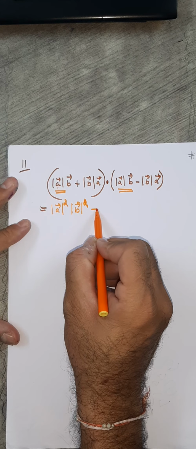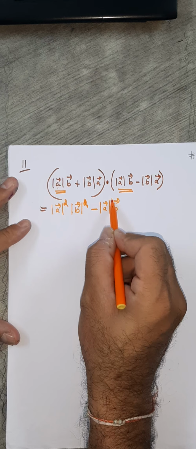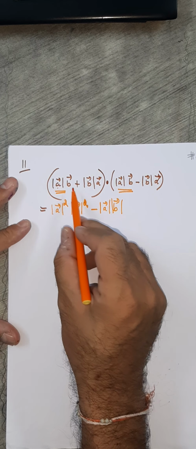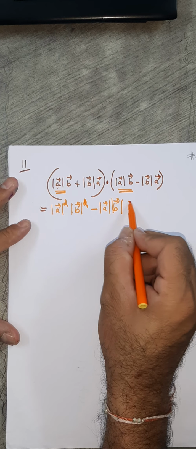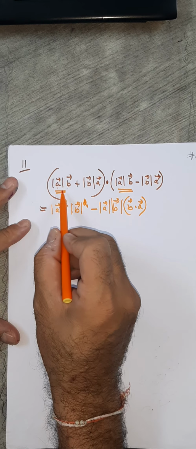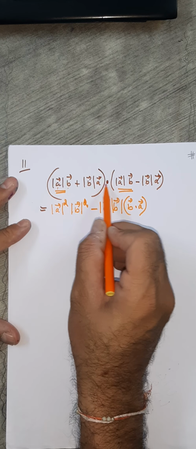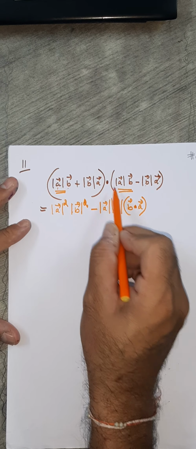This with this, so here minus vector A with magnitude, vector B with magnitude, and here you have vector B dot vector A. This is like 2 and this is like 3, so 2 into 3 6, but B dot A will be there, remember.